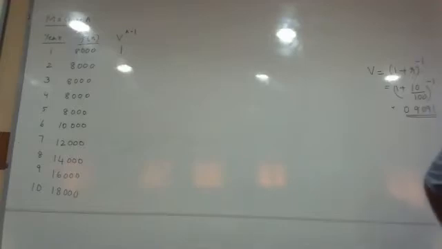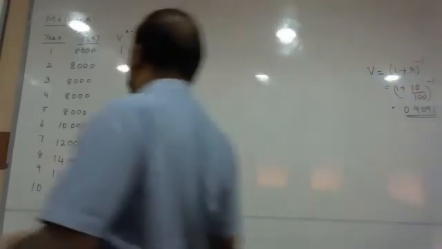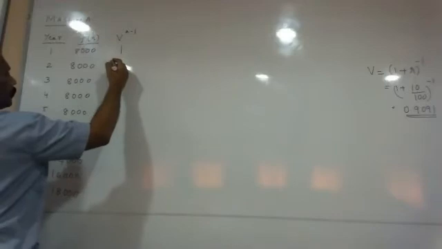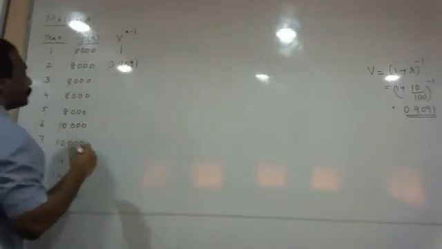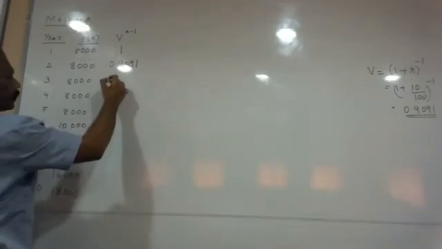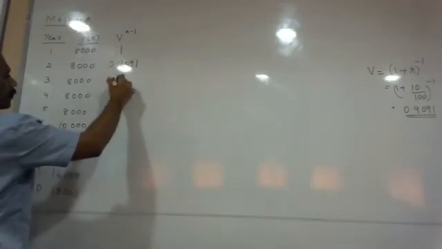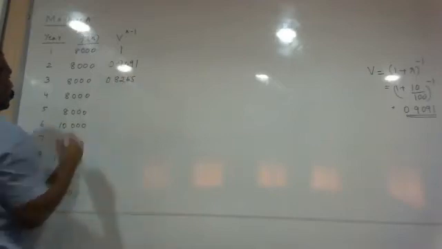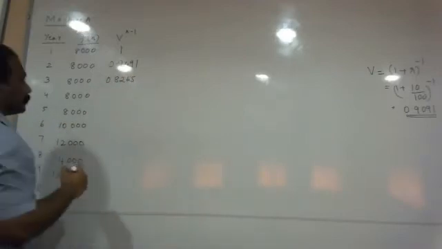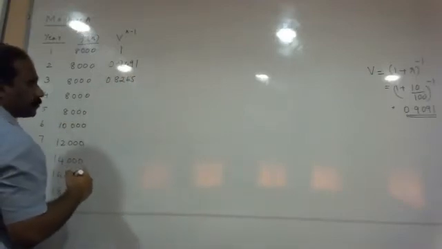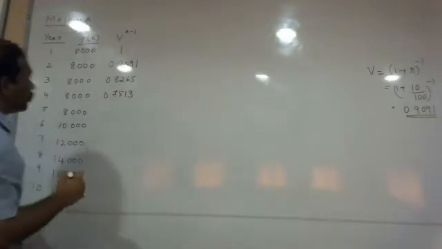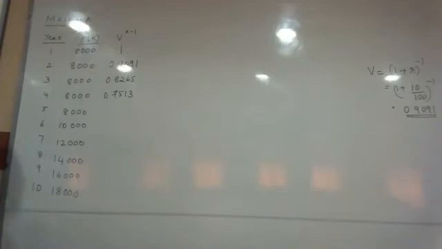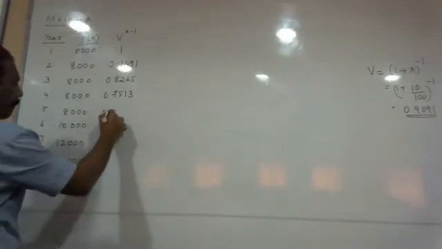Done, sir. Very good. Tell me now. Second year is 0.9091. Good. Next, third year, 0.8265. Fourth year, 0.7513. Next, fifth year, 0.6830.